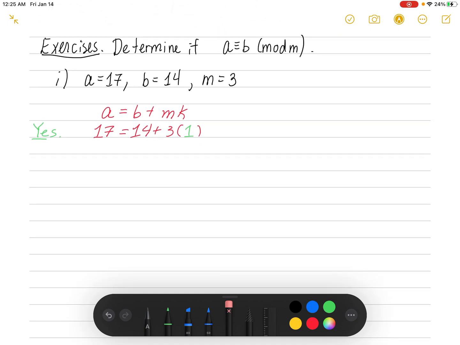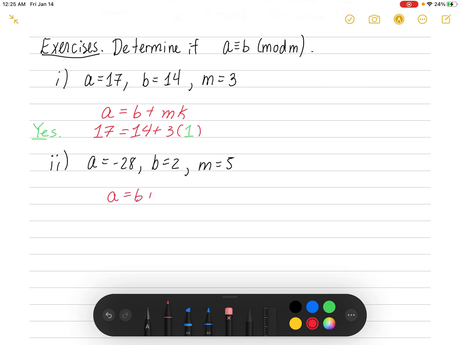Number two. Let's check out if the next one works. What if a is negative 28, b is 2, and m equals 5? So we're going to try to satisfy the equation a equals b plus mk.